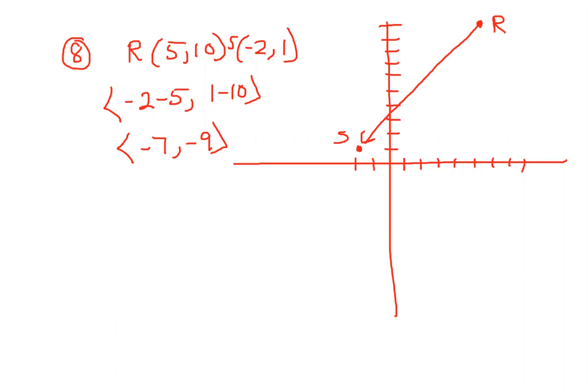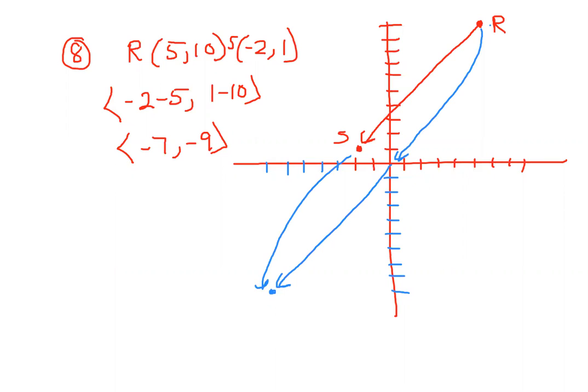And we changed that into -7, 1, 2, 3, 4, 5, 6, 7, 1, 2, 3, 4, 5, 6, 7, 8, 9. Here it is in component form. We just took this, we moved R down here to 0, 0, and that moves S down here to -7, -9. That's what we're doing with putting it in component form. So let's look at the next ones.